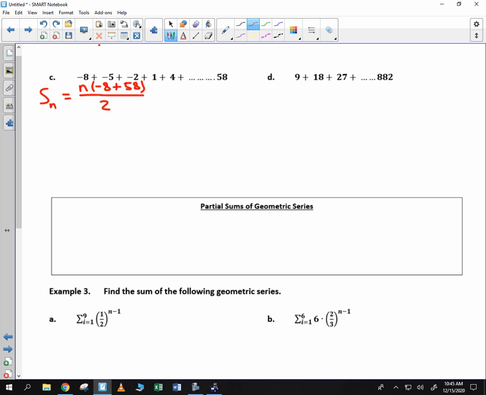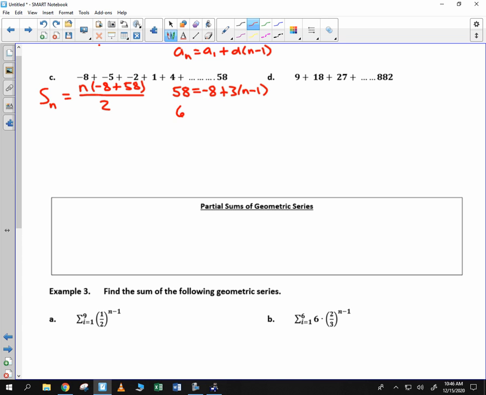Figuring out n should not be too bad because we can do this. 58 is equal to, I'm going to use this formula, a sub n is equal to a sub 1 plus the difference times n minus 1. Look at how I can fill all these pieces in. Negative 8. The difference, it looks like, is 3 times n minus 1. That will allow me to solve for n.